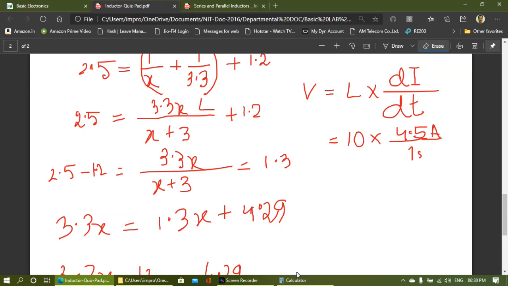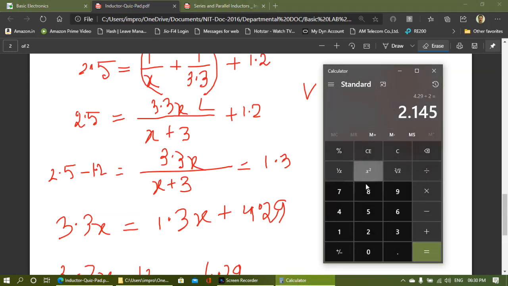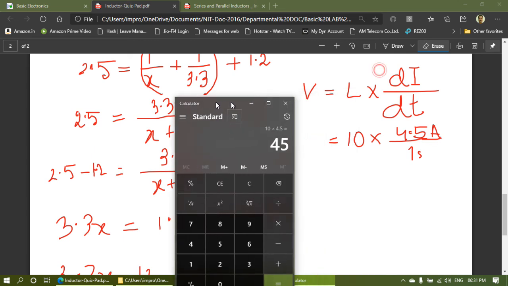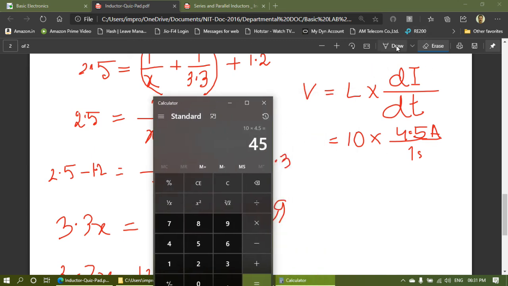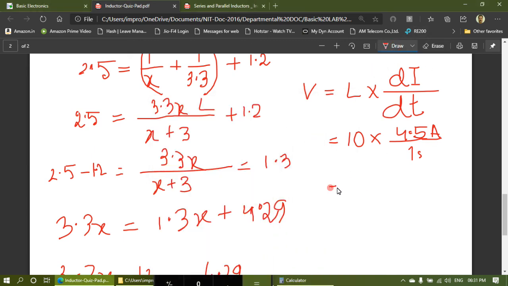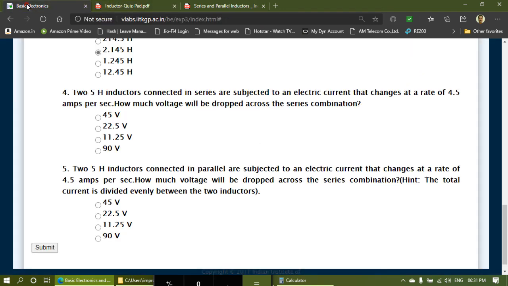Okay, so let's calculate 10 into 4.5. Then your volt will be 45 volt. Okay, so yes, the first one will be the answer.